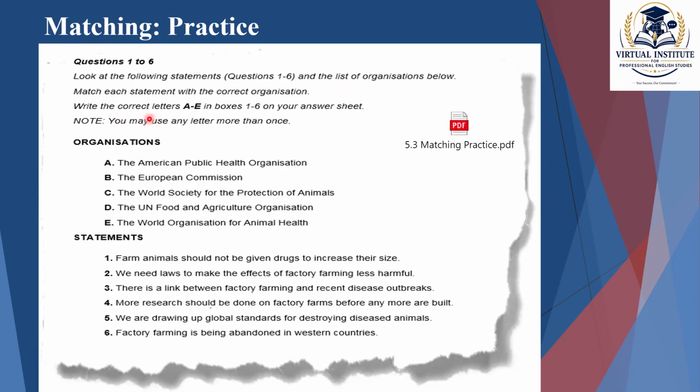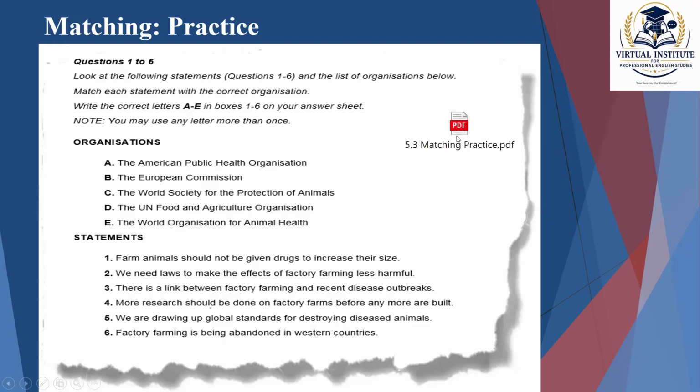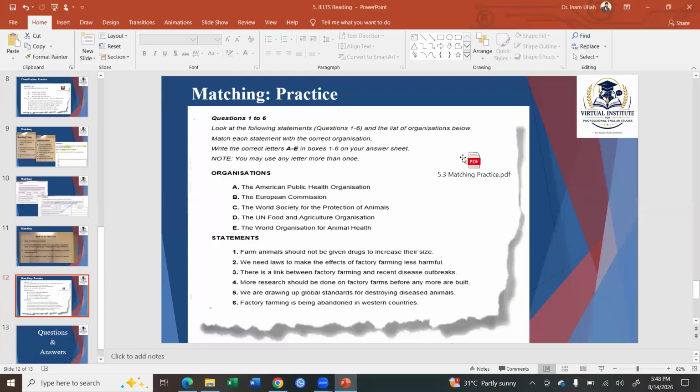Write the correct letters A to E in boxes 1 to 6 on your answer sheet. Note, you may use any letter more than once. So out of these 5 letters and these 6 questions, we can use any of the letters more than once, okay? Now let's move to the practice session and practice it.